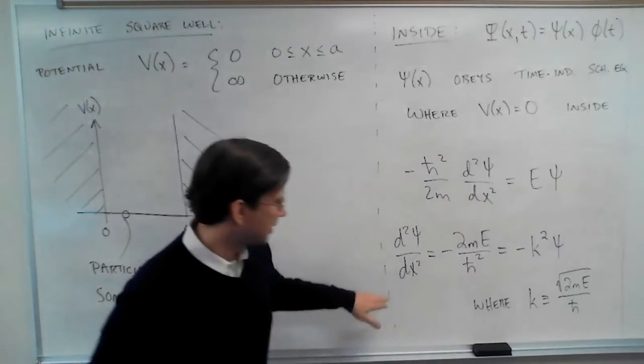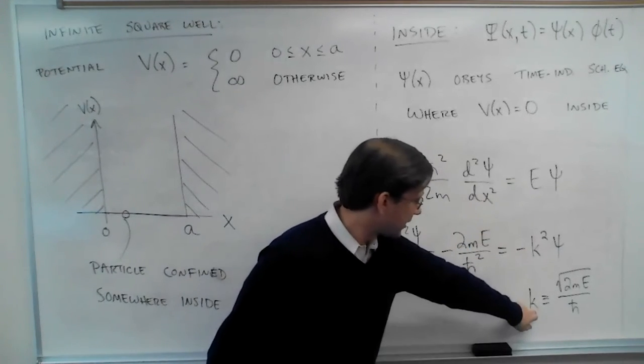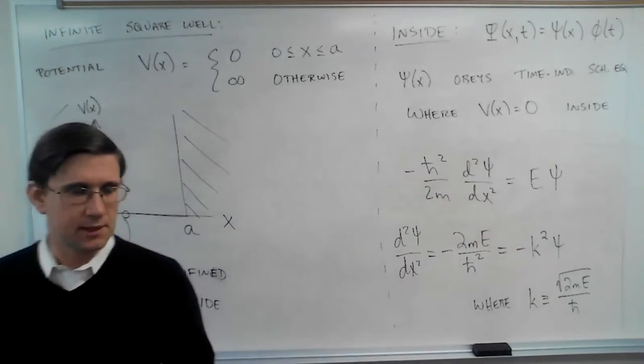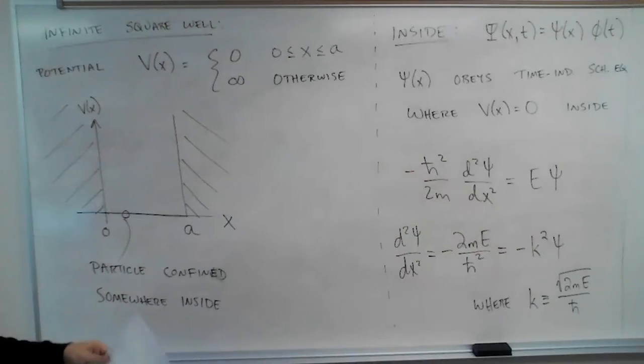All I've done in this last step is to replace all of this stuff with the number k squared, where k is just this. So I've done only math here, and I think you'll see why in just a second.